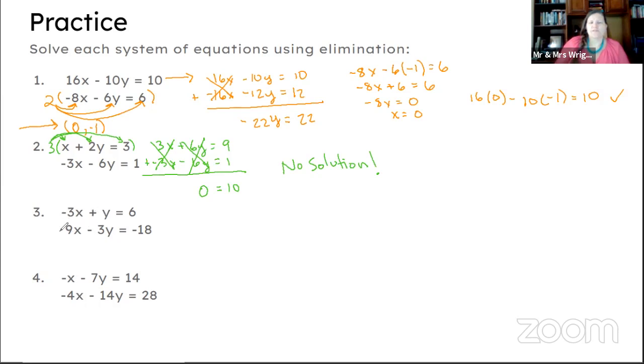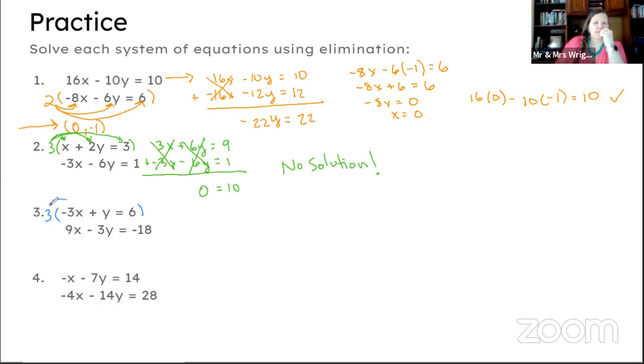So those are usually the first things I'm going to look at. But since they're both opposites, and the only thing I need to make an opposite is the number, when I have a variable that's by itself, I like to multiply that. So I'm going to choose to multiply this by 3. Let's see if that's going to work for me.